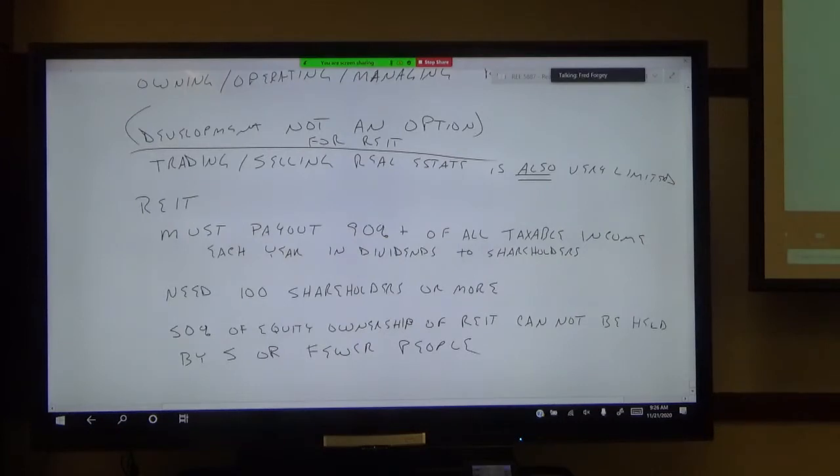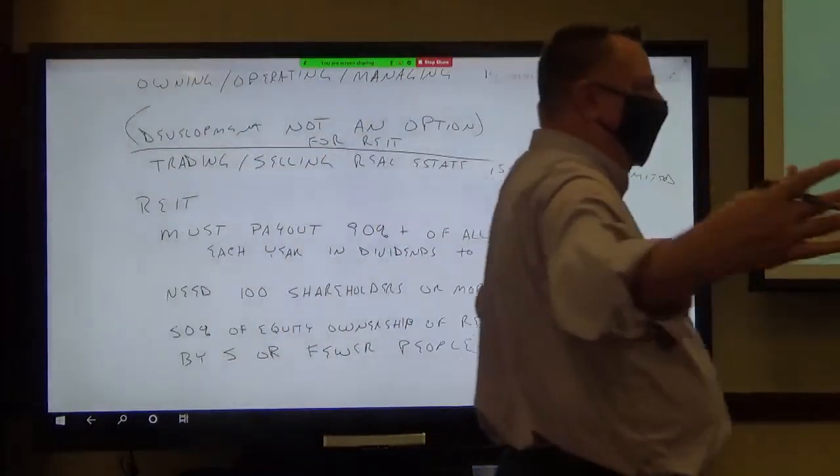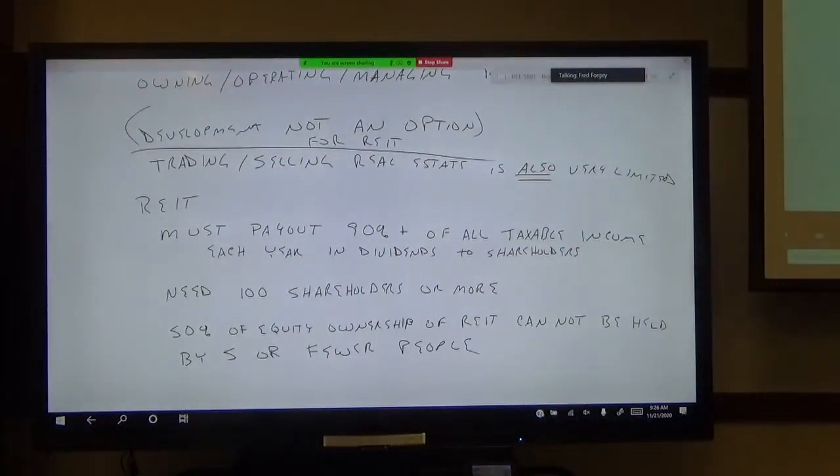Okay? So it's either or? No, both hold. In other words, you're going to have more than 5 people if they're going to own more than 50%, okay? So the idea is you can't have super concentrated ownership, okay?